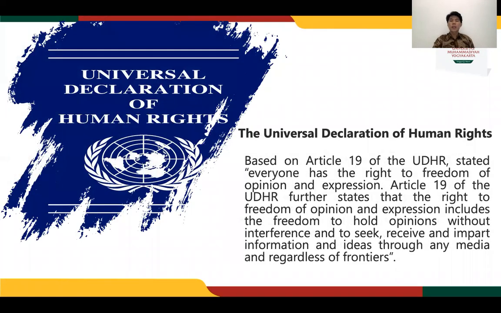The Universal Declaration of Human Rights, Article 19, states everyone has the right to freedom of opinion and expression. Article 19 further states that this right includes the freedom to hold opinions without interference and to seek, receive, and impart information and ideas through any media and regardless of frontiers.